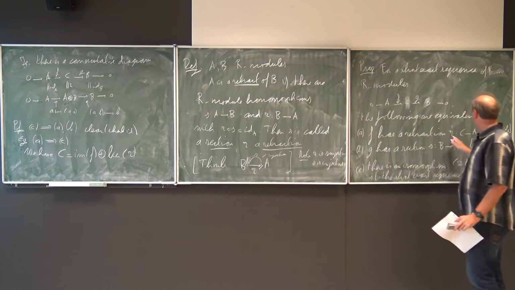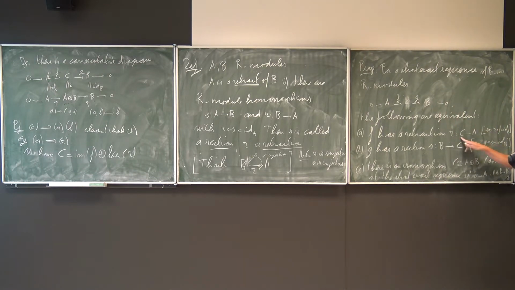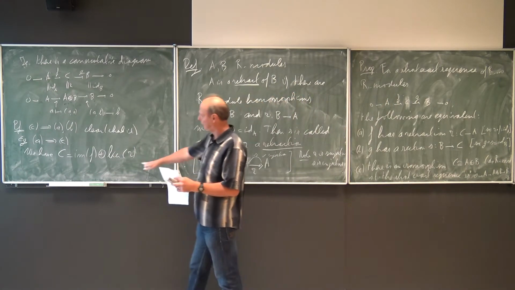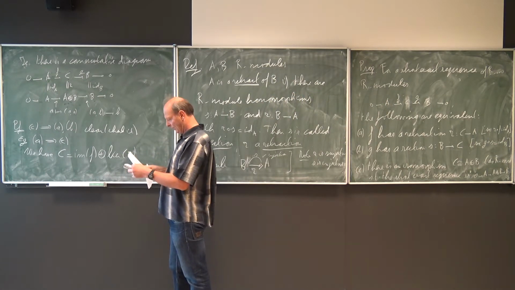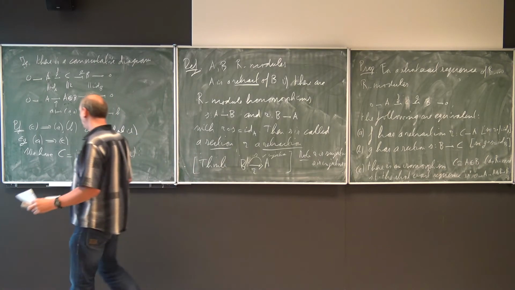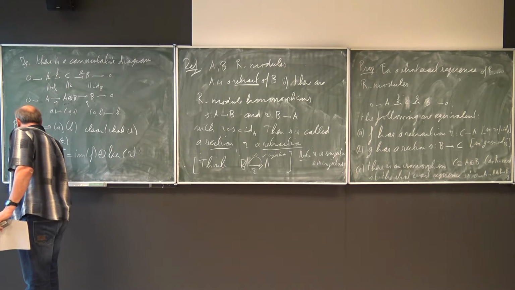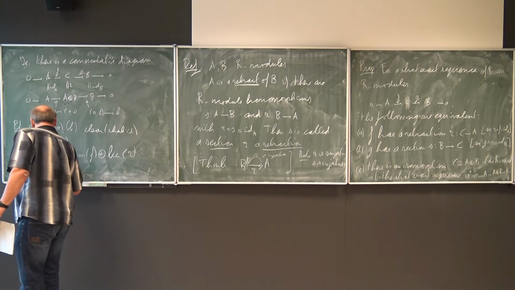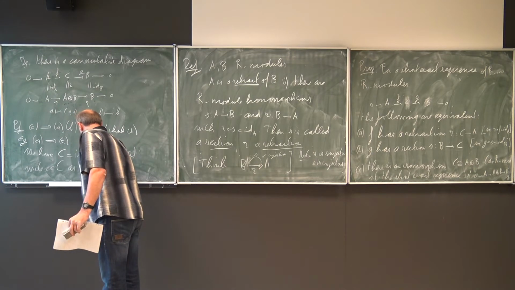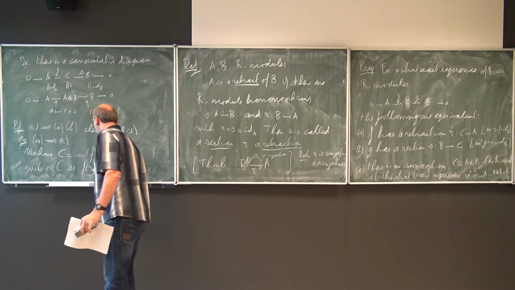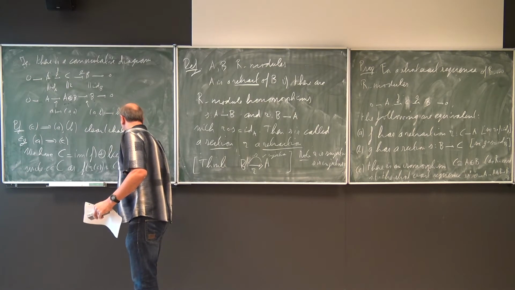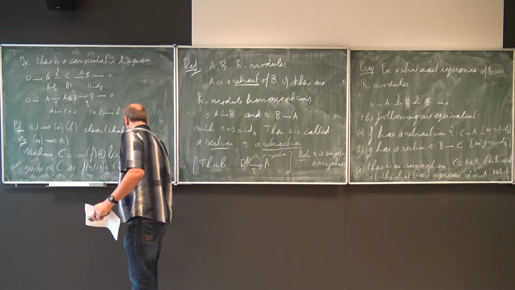So the kernel of r is a submodule of C, and the image of f is a submodule of C, and this should then be a direct sum decomposition. So let's first prove that. We write the little c as f(r(c)) plus c minus f(r(c)).